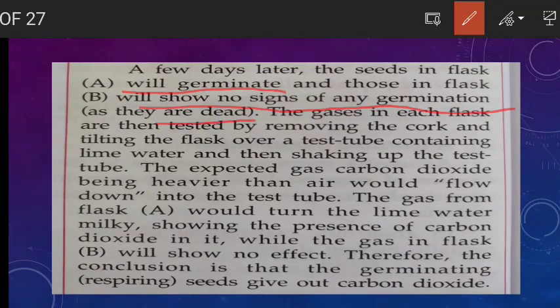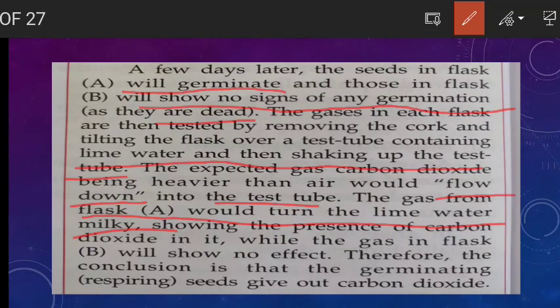The gases in each flask are then tested by removing the cork and tilting the flask over a test tube containing lime water and then shaking the test tube. The expected gas, carbon dioxide, being heavier than air, would flow down into the test tube. The gas from flask A would turn the lime water milky. This is the best test to show the presence of carbon dioxide gas.